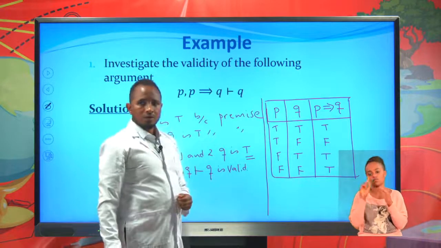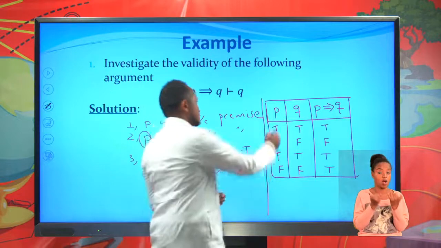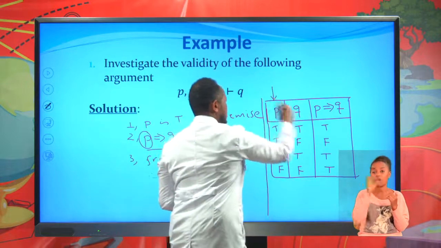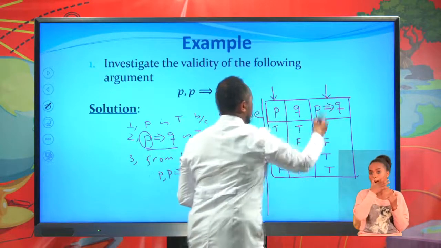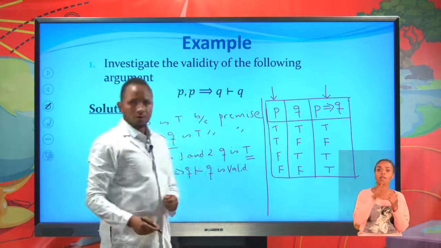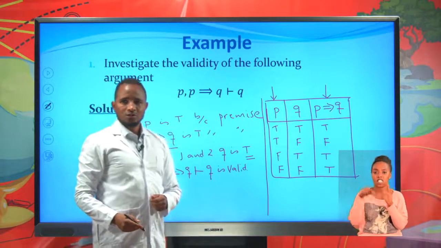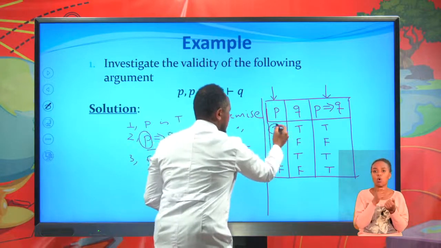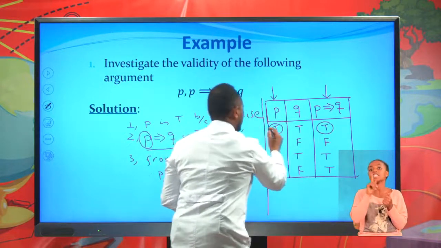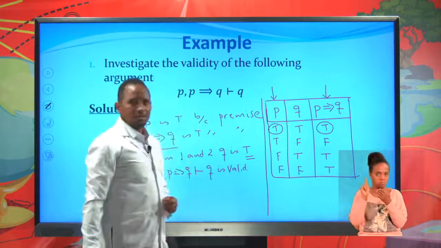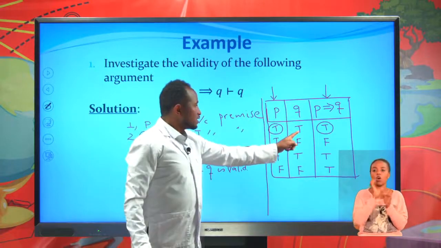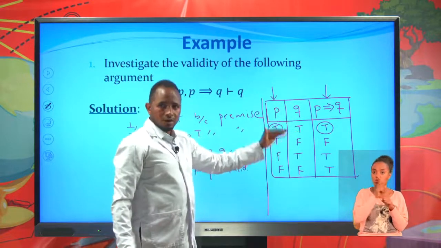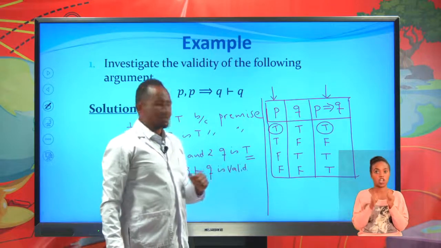Now, what are our premises? The premises are P and P implies Q. So we assume these to be true. Therefore, P is true and P implies Q is true. This is the first row. And the conclusion is Q, and the conclusion Q is true. Let's check all possible combinations.